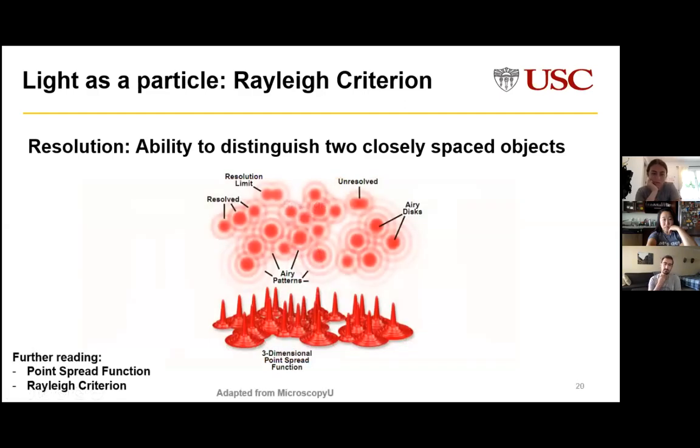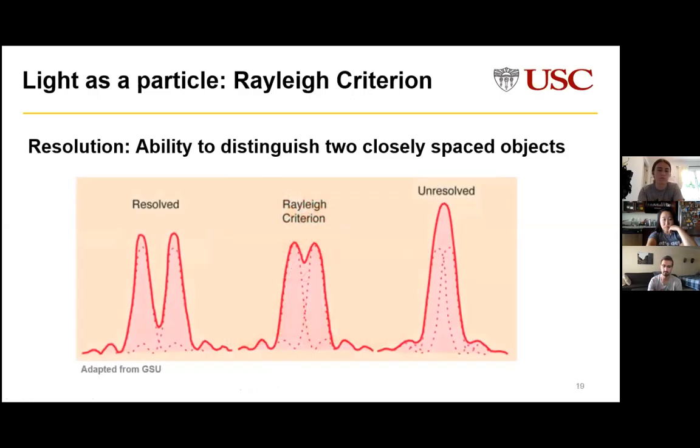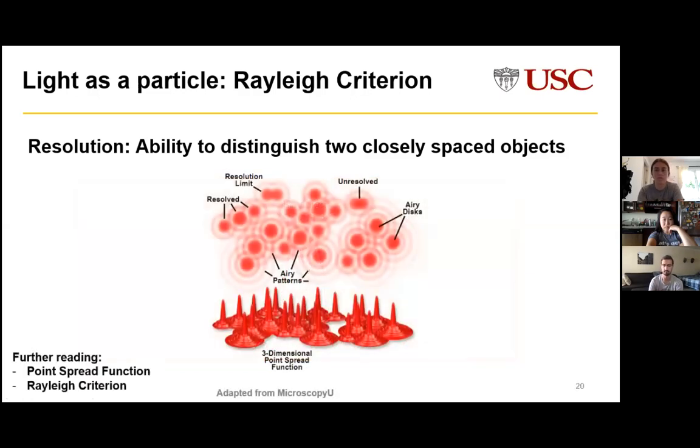Here's just another view of that. On the last slide, I showed you guys a 2D view. This is more of a top view of the ability to distinguish two closely spaced objects. So again, here you can see that those are unresolved and that these two are resolved. These individual points are often referred to as airy disks, and it's a representation of the point spread function.